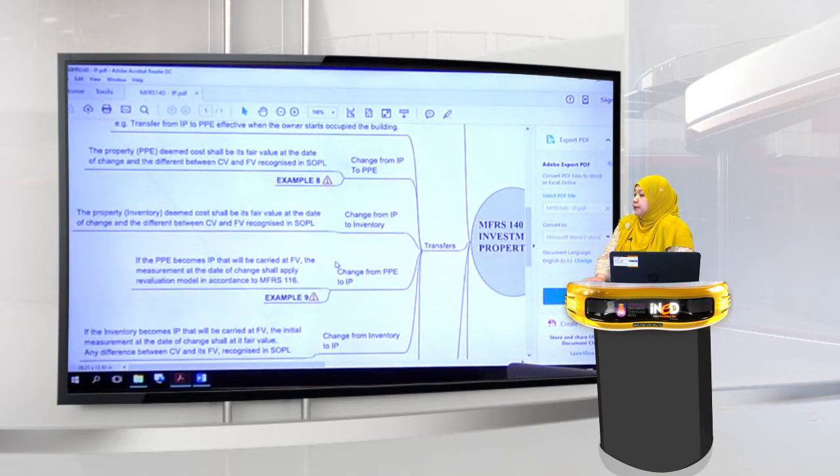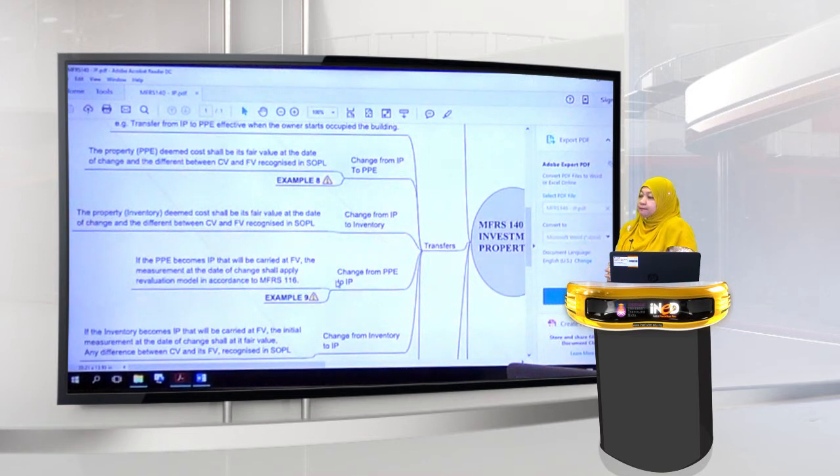Now, if there is a change from PPE to IP, if it's the other way around, then the PPE becomes IP that will be carried at fair value, and the measurement at the date of change shall apply the revaluation model in accordance with MFRS 116.